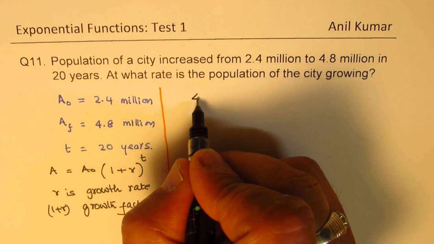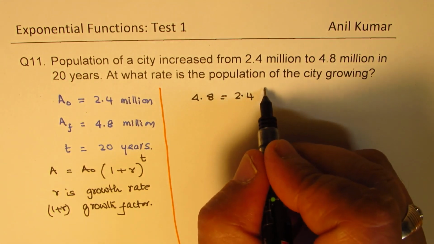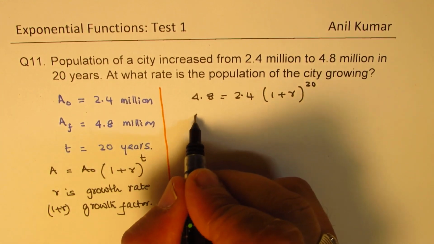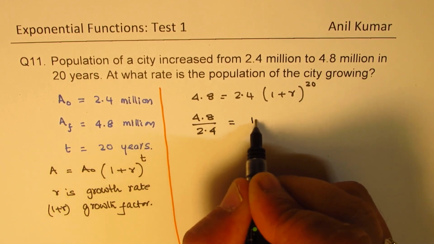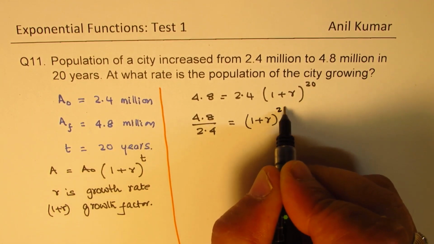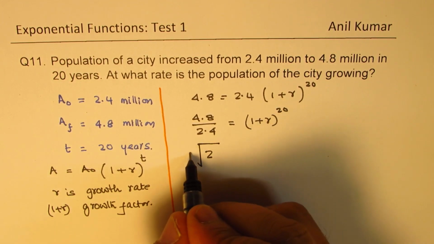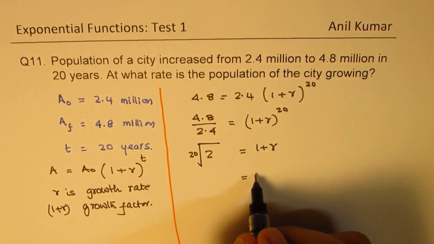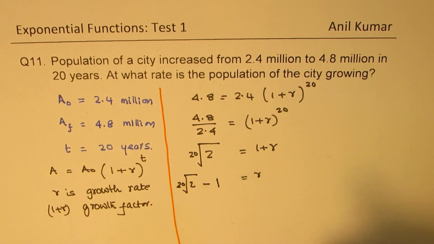So substituting, we get 4.8 equals 2.4, right? Million cancel, and we have 1 plus R to the power of 20. So we have 4.8 over 2.4 equals 1 plus R to the power of 20, correct? Which is 2, right? So the 20th root of 2 is 1 plus R. So the value of R is basically the 20th root of 2 minus 1, correct?